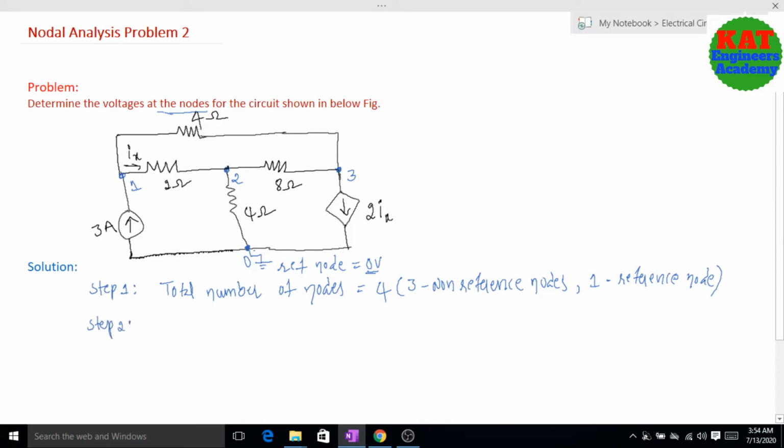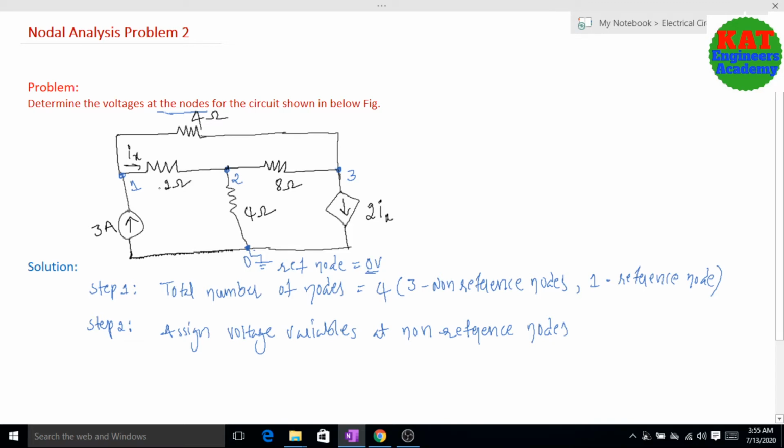In step 2, assign nodal voltages. Assign voltage variables at non-reference nodes.